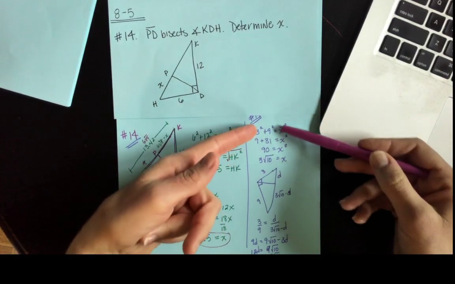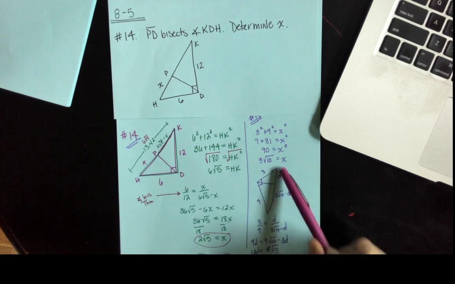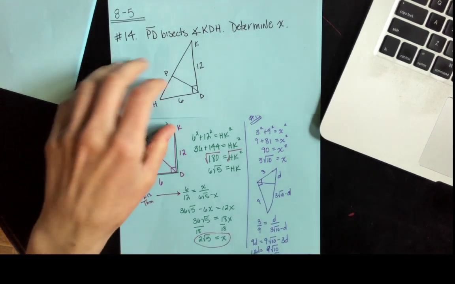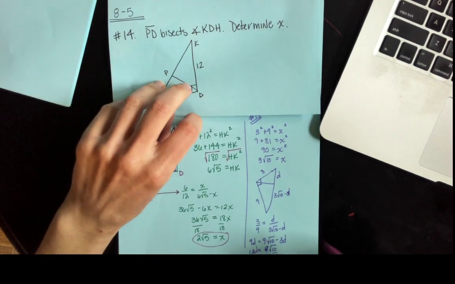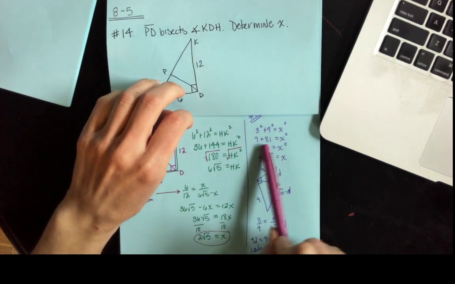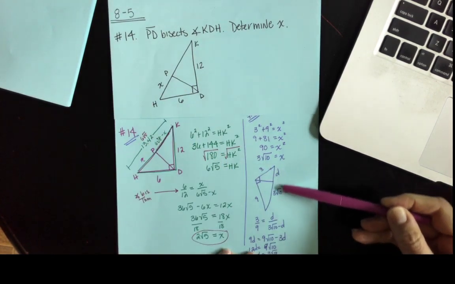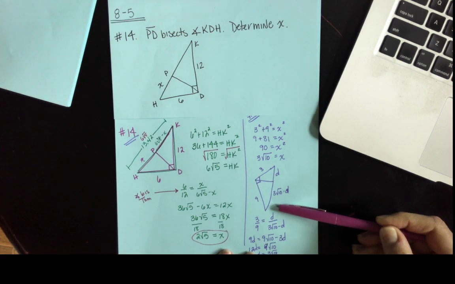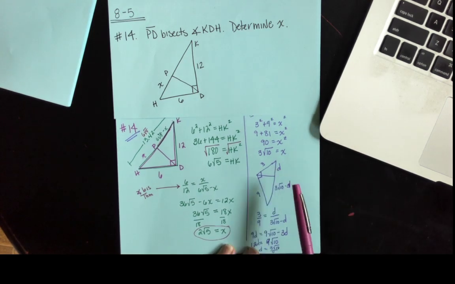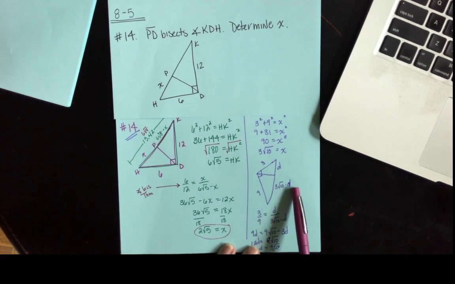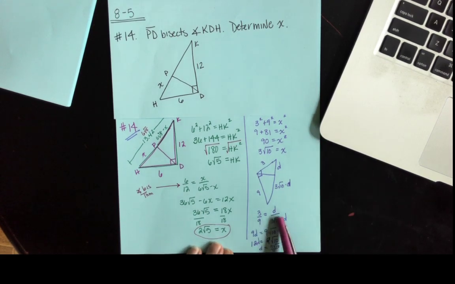Now here's that problem. Again, it's a horrible drawing because I was just hurrying up and doing some of the work. Did the Pythagorean theorem again, found that this whole distance was 3 radical 10, which meant if I had d, I was able to take 3 radical 10 and subtract d, set up my proportion again, cross multiply and solve.